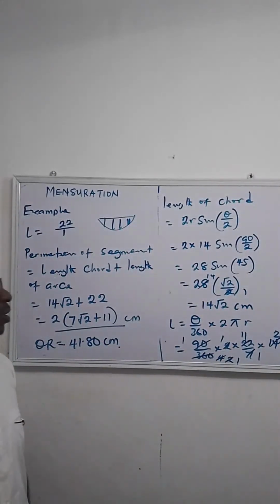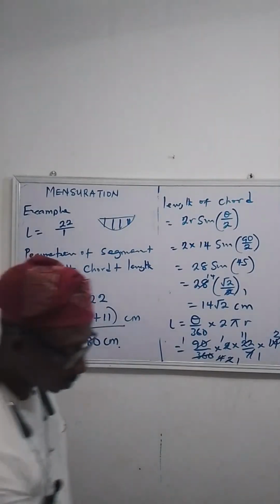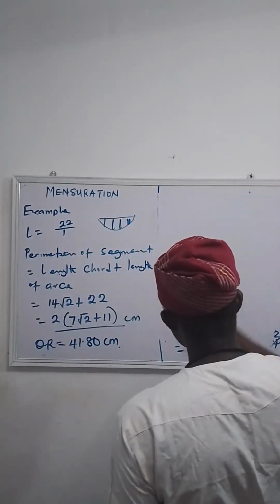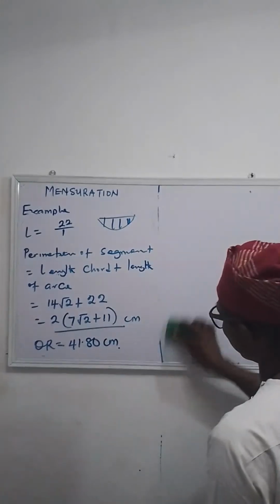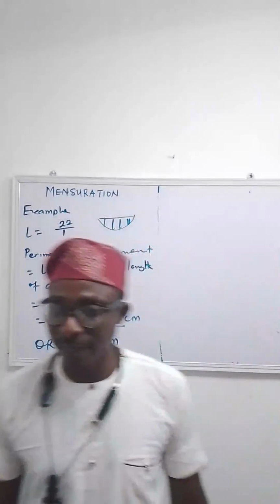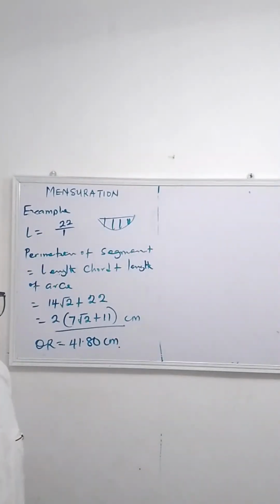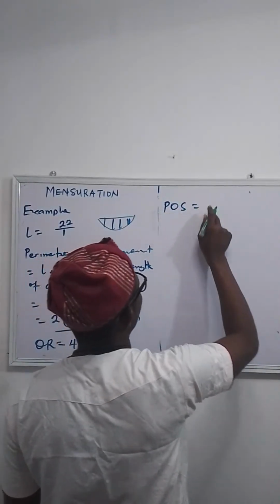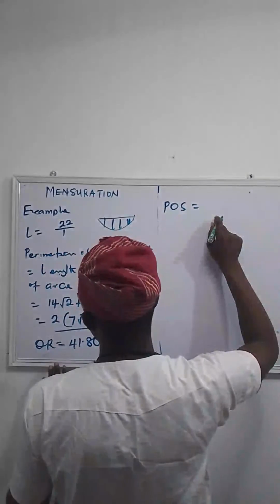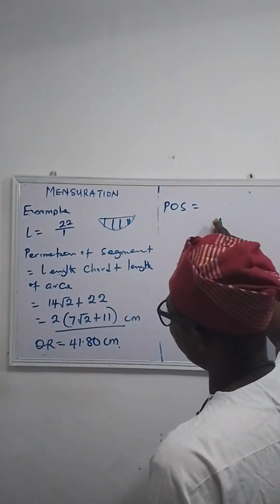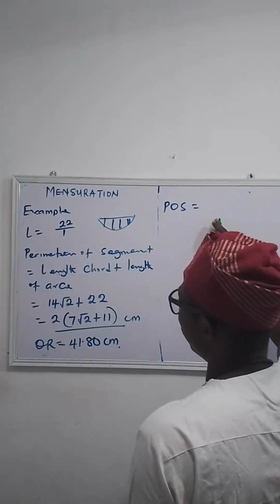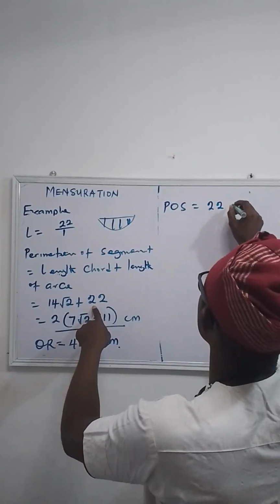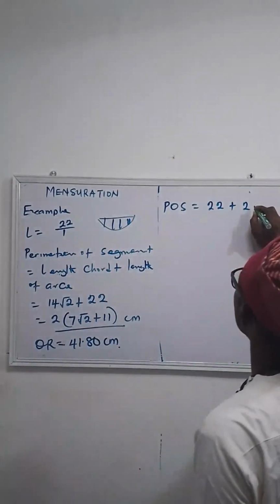Now, what of the perimeter of the sector? Don't forget the perimeter of a sector is the addition of the two radii and the arc. So perimeter of sector equals length of arc, which we already have, 22, plus 2 radii, 2r.